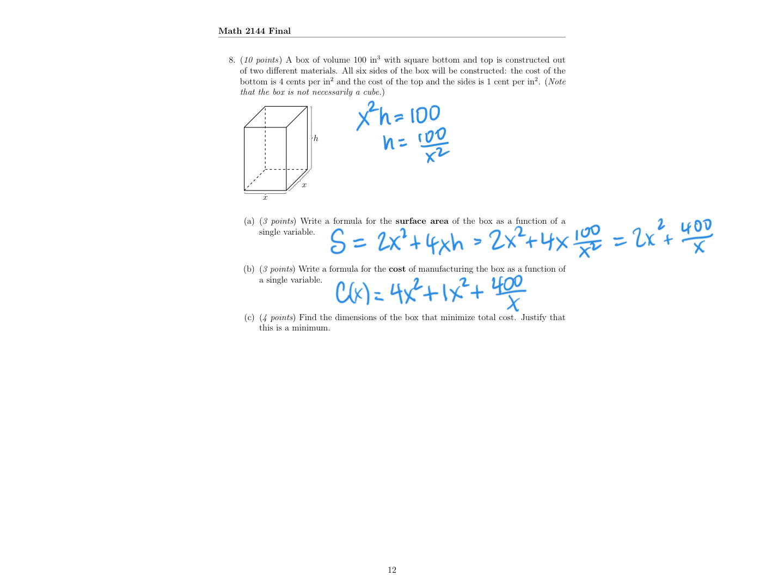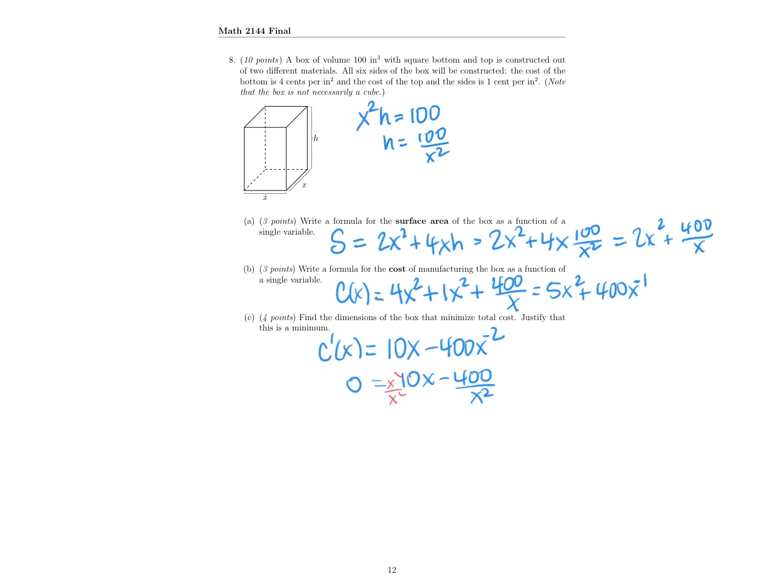Then it says find the dimensions of the box that minimize the total cost. So C(x) adds to 5x squared plus 400x to the minus 1, which is how I'm going to write it, because that'll help us with taking the derivative. So C prime of x is 10x minus 400x to the minus 2, and I want to set that equal to 0. I can get a common denominator by multiplying this by x squared over x squared.